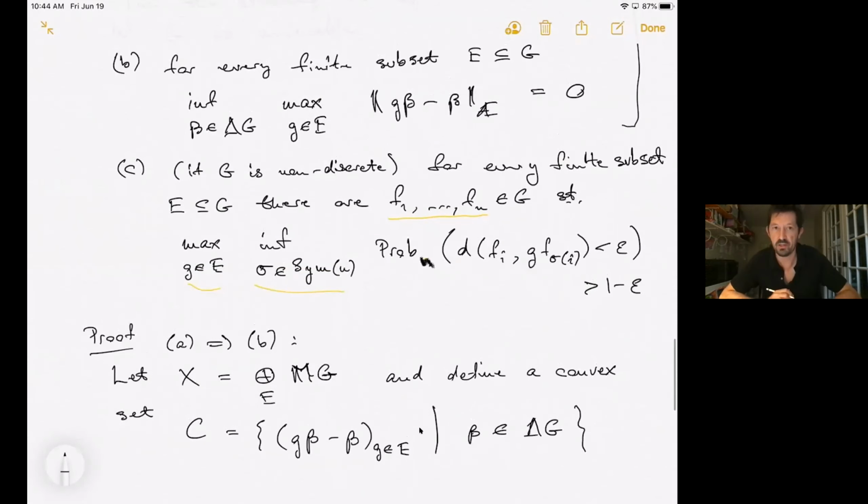Okay, so we can see the statement now. B can be reformulated in terms of this set C. B simply says that 0 is an element of the closure of the convex hull of C. That I can approximate 0 using these beta in delta of G. And C is convex simply because I'm choosing my betas in delta of G, which is a convex set.